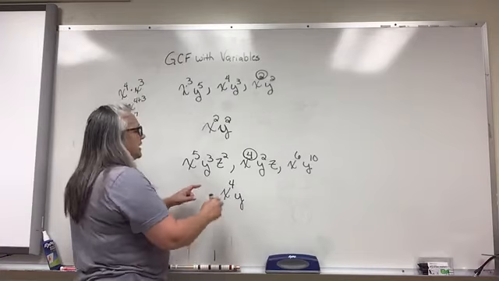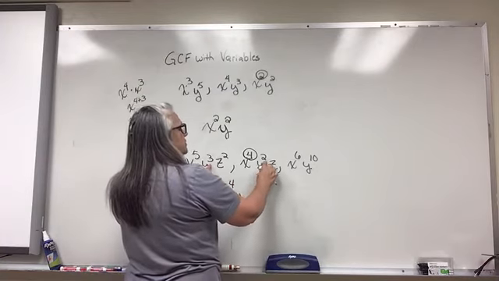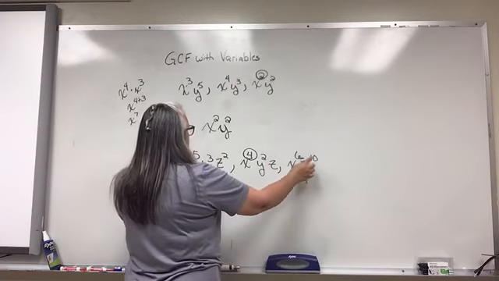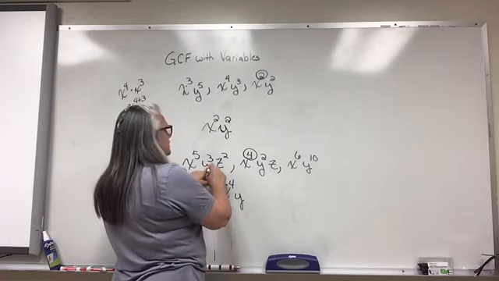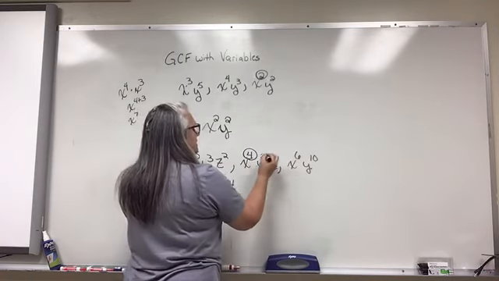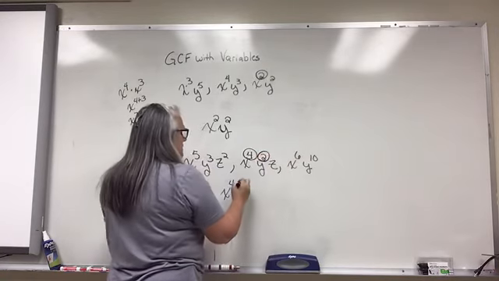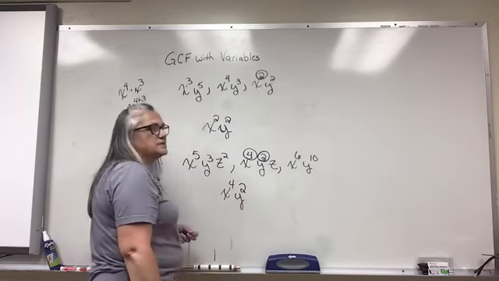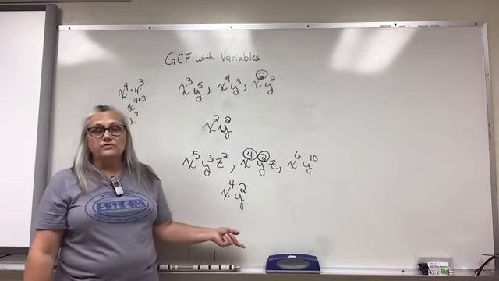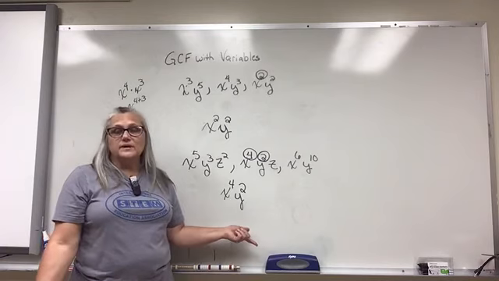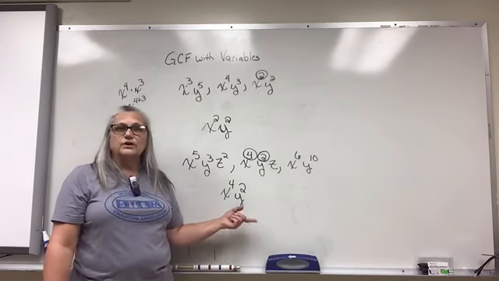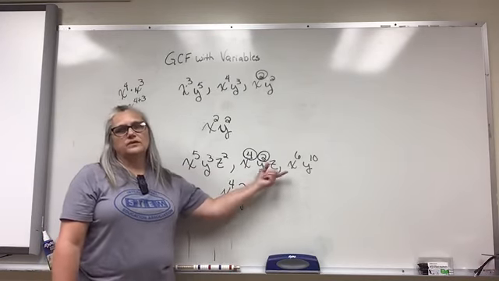For my y, I have a 3, I have a 2, and I have a 10. The least number between 3, 2, and 10 is 2, so I have a y squared. x to the fourth y squared is going to be my greatest common factor between these three terms.